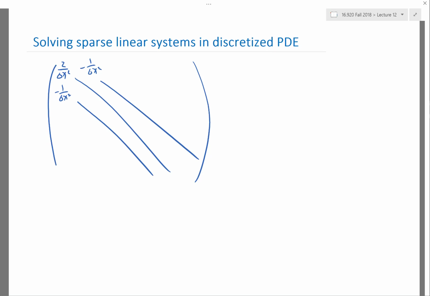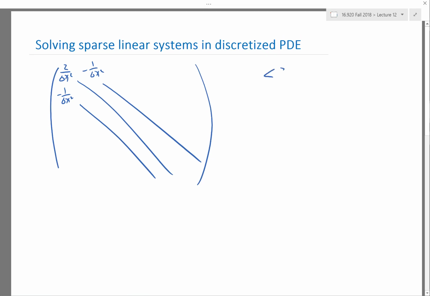There are actually less than 3 times n non-zero entries, I think exactly 3n minus 2, and n squared total entries. So sparsity is going to be less than 3 over n. As you increase n, the system gets sparser and sparser. That's what we are taking advantage of.